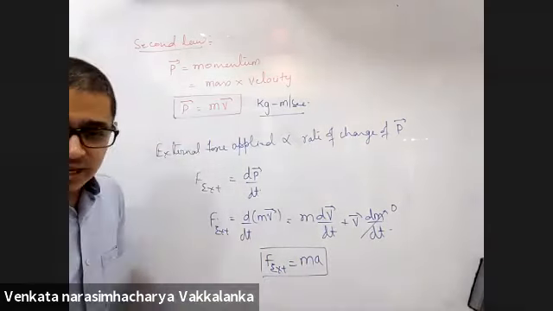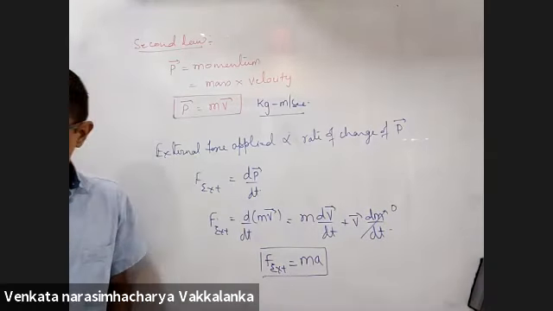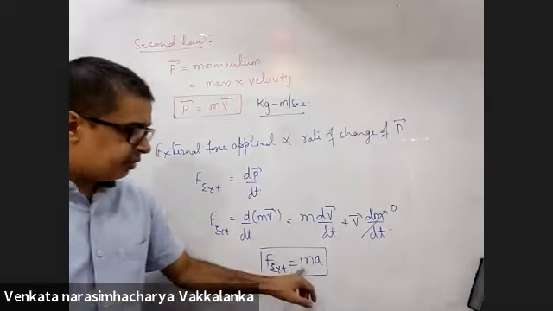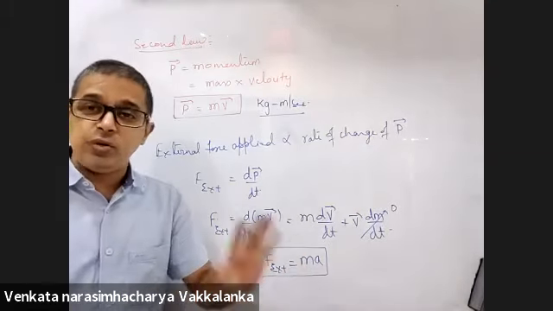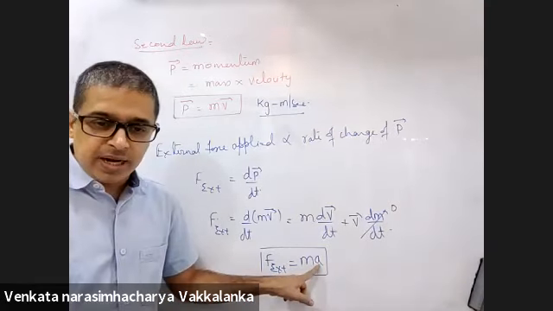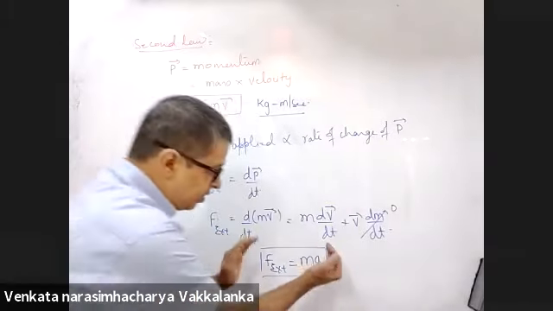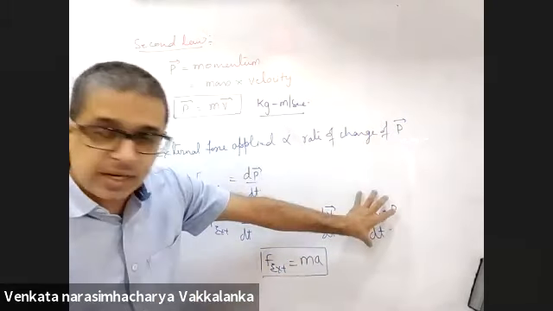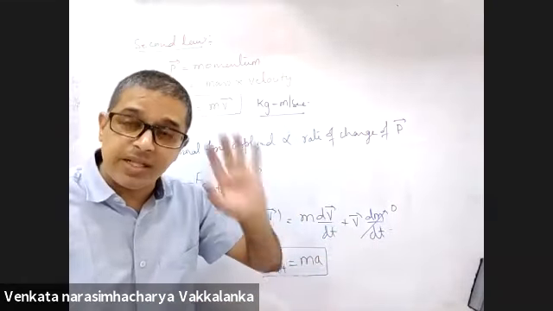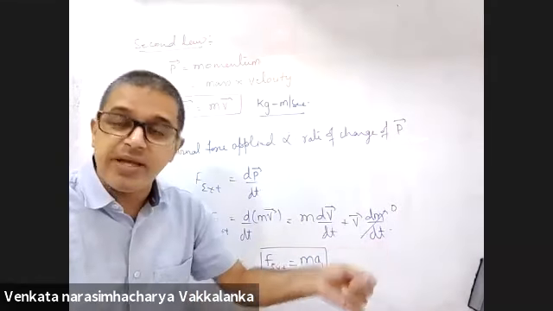This is precisely Newton's second law. F external is mass into acceleration. But then this is half the truth. The remaining half we will deal with in conservation of momentum, where mass will be varied.